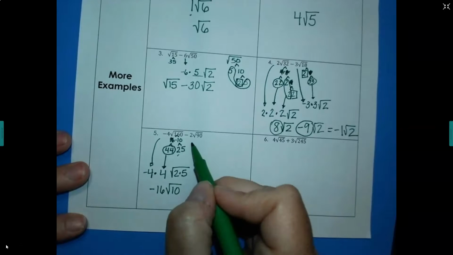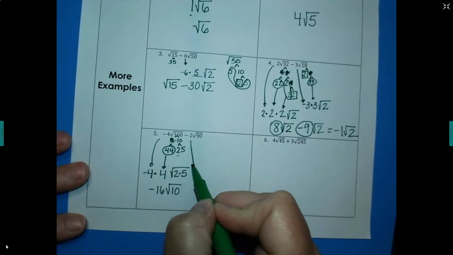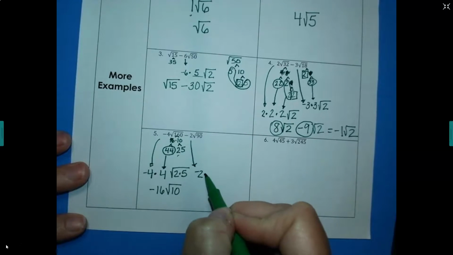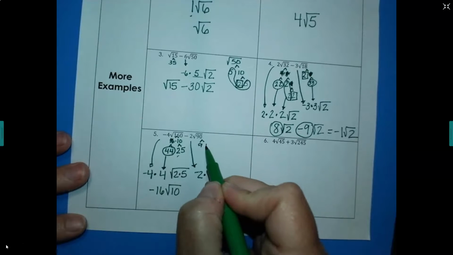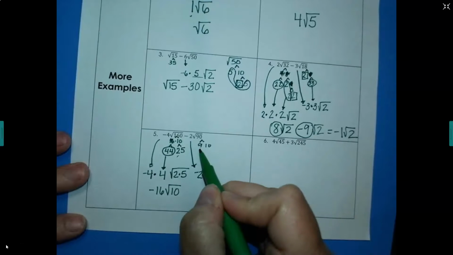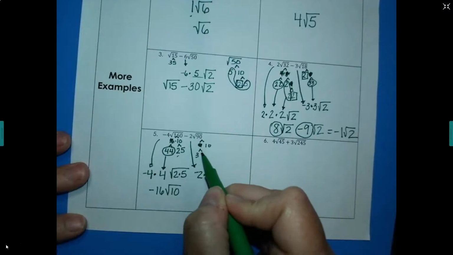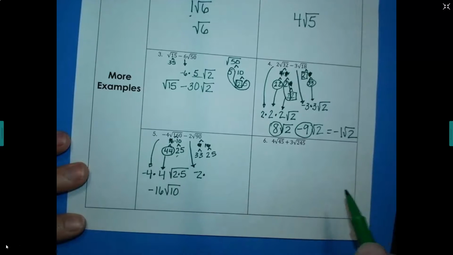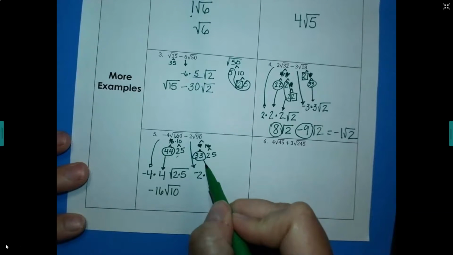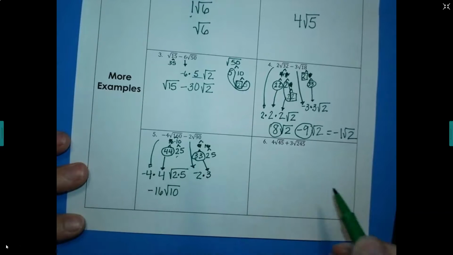Now let's take a look at the other one. I have a coefficient there of -2. He's going to multiply to whatever else I bring down. 90, I think 9 times 10. 9 is 3 times 3. 10 is 2 times 5. I have a pair of 3's, so I'm going to bring them to the outside.